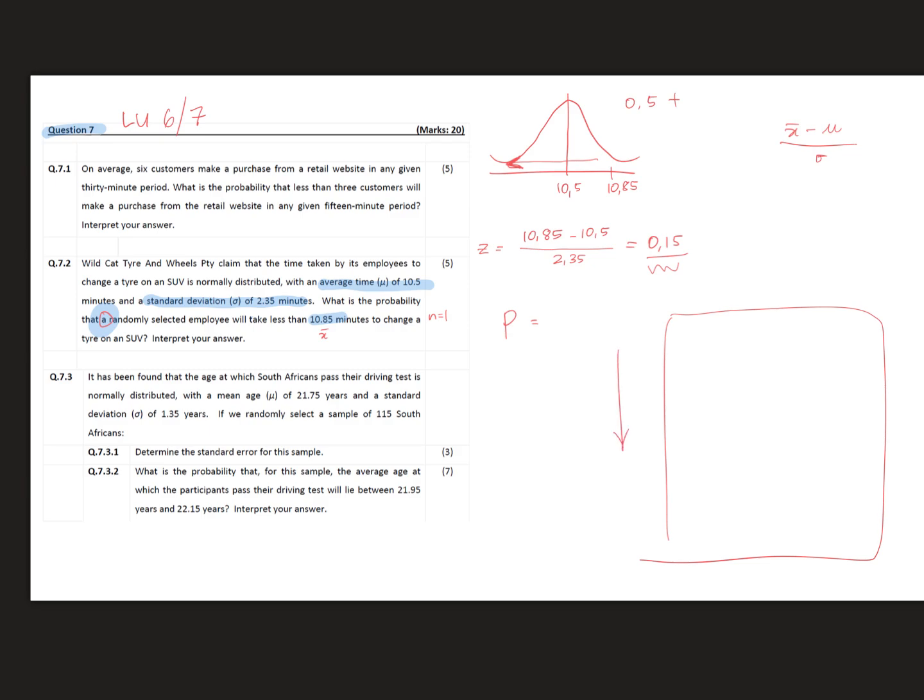So 0.1 would be somewhere right at the top, because 0.0 is generally the first one. So 0.1 would be somewhere here. And then the last digit is read across, and there's always a 0.0 before it. You literally just take the last digit now, because you've already identified the 0.1 coming down the first column. Now you just need the 5.